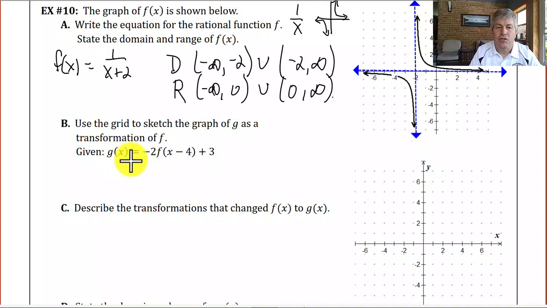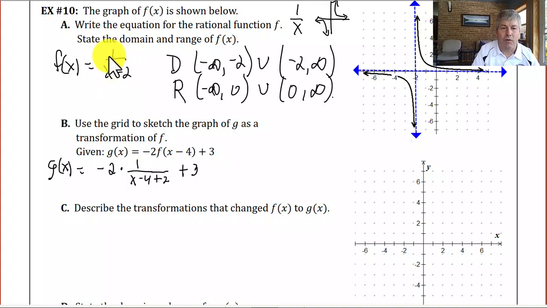So our new g of x is going to be negative 2 times f of x minus 4 plus 3. So let's take a look at what that might look like and find out what g of x is. So g of x is going to be negative 2 times f of x minus 4. Well, f of x is 1 over x plus 2, so f of x minus 4 is 1 over x minus 4 plus 2, and then plus 3.